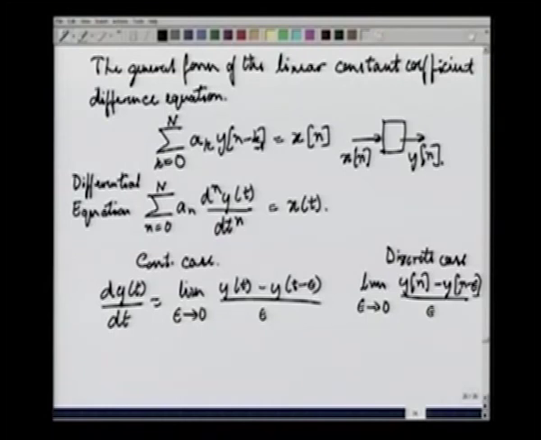So, what is the smallest non-zero value for epsilon? One. And there are no limits to be taken because there is no continuous variation here.